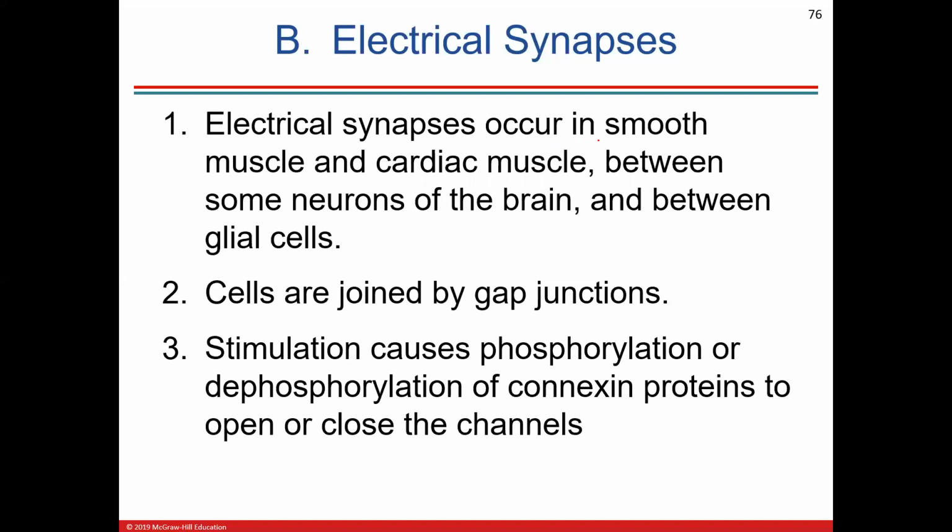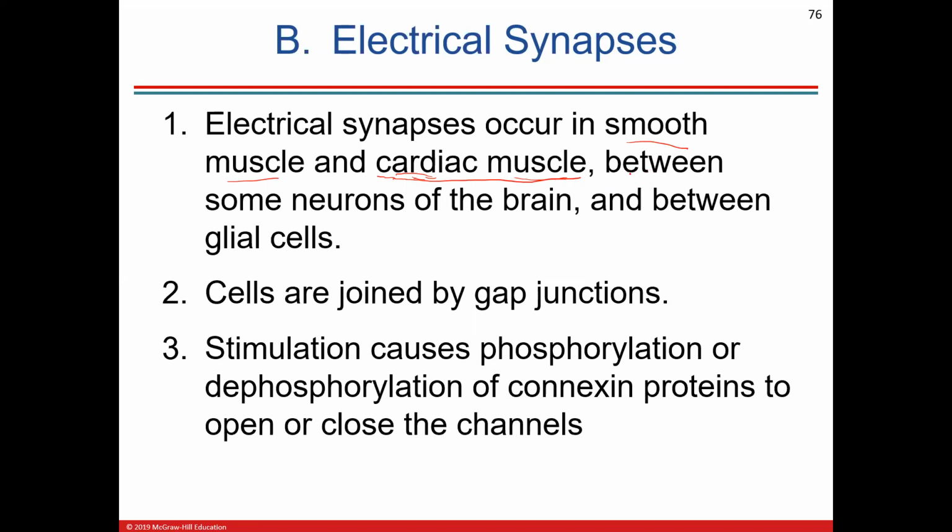Cardiac muscle has its own neurological circuit or conduction system, but the cardiac muscle is controlled by the autonomic nervous system, like to speed up the heart rate, increase the strength of contractions, or decrease, depending on sympathetic versus parasympathetic. Same with smooth muscle. Smooth muscle is the walls of your blood vessels, your digestive system, respiratory system, reproductive system.